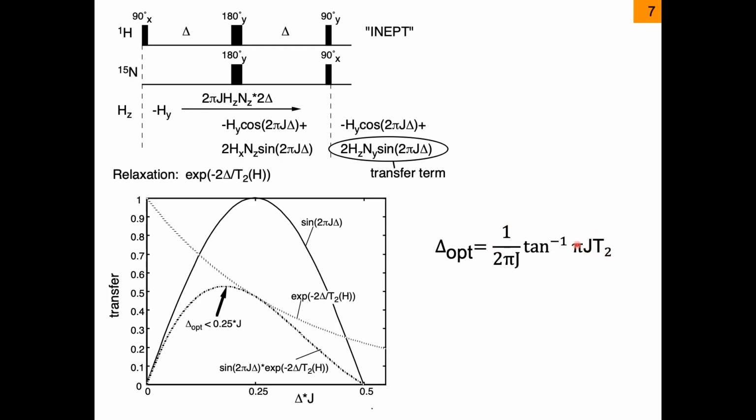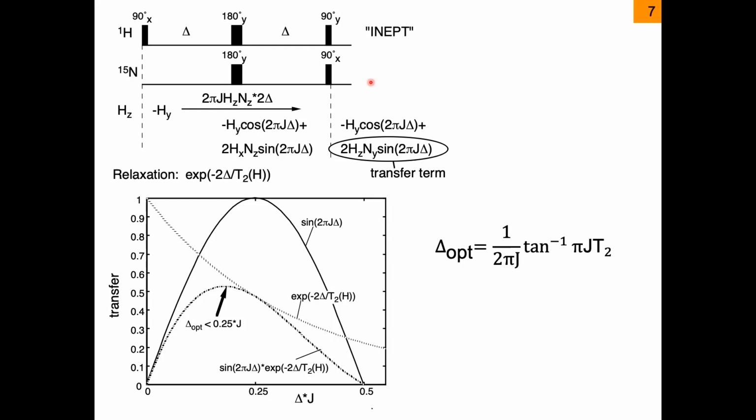When this thing is small, then you see that this would be pi J T2 divided by 2 pi J. The pi cancels, the J cancels, and the optimal delta will be just T2 half, so delta is half of the time, the total optimal time will be just T2. This is a very important rule of thumb when you have inefficient transfer, that you just go for the T2. So make the transfer the length of T2.